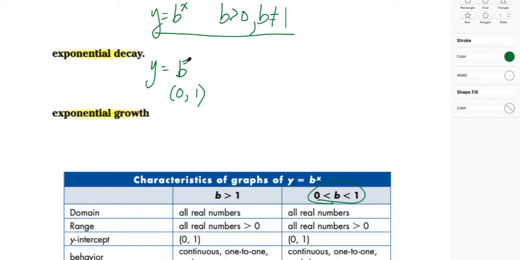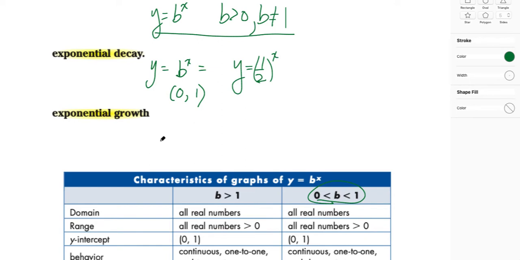So when that's the case, b is some positive fraction. So y equals b to the x would be something like y equals 1/2 to the x power. And you can see when you constantly multiply by a fraction that's less than 1, you're going to continue to decrease.